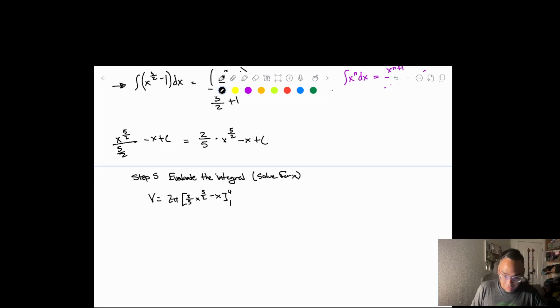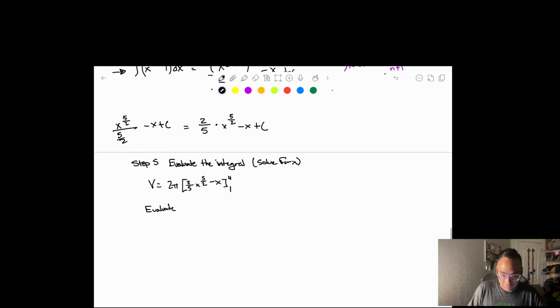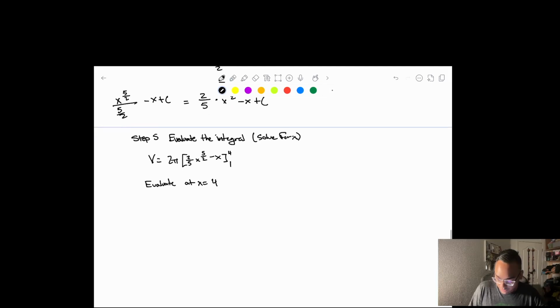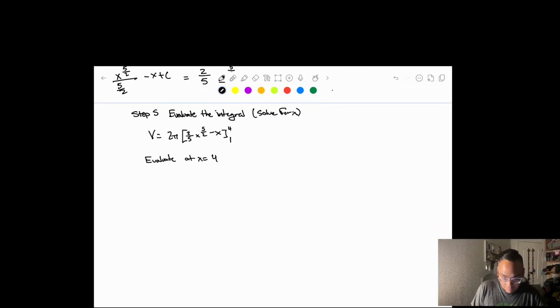So if we evaluate at the upper limit, so whenever you see evaluate, it just means solve for x. We're just going to plug in an x at x equals 4. And what we get is v is equal to 2 pi bracket 2 over 5 times 4 to the 5 over 2 minus 4.